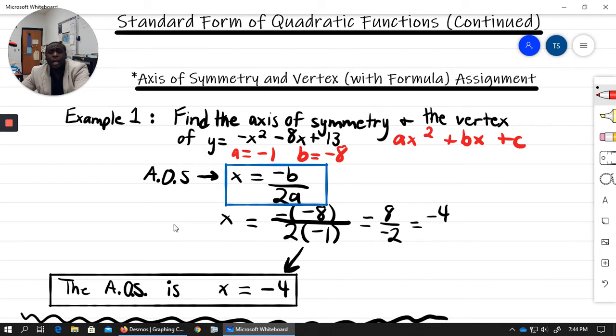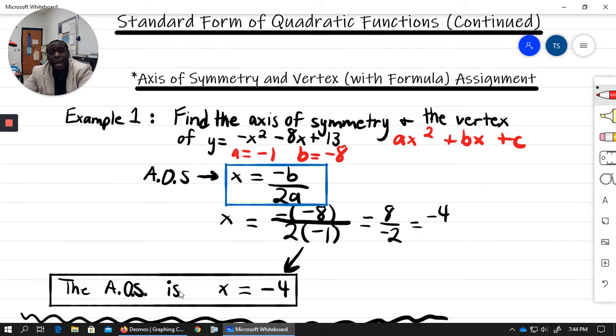And guys, if you do not write out this axis of symmetry, which I've abbreviated as AOS, as an equation, you are going to be wrong. So when I say you need to show your work for this assignment, this is what I'm looking for. If it's asking you to find your axis of symmetry, you need to show this work here.